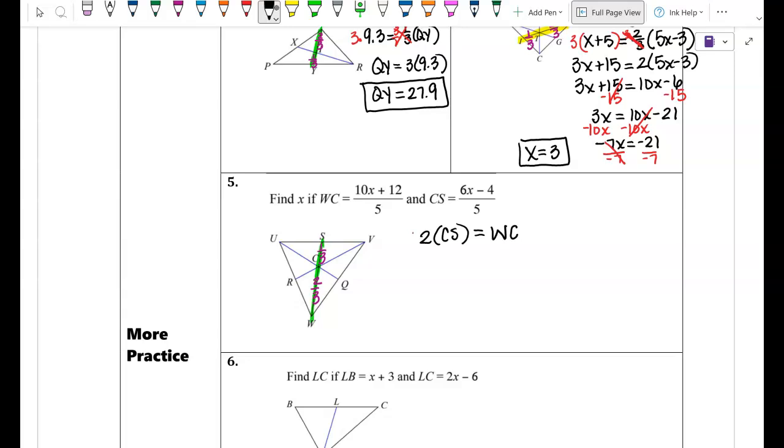So again, I know this one is a little bit different than what we've been dealing with. So this is going to take 2 of the 6x minus 4 divided by 5 to equal the 10x plus 12 divided by 5.